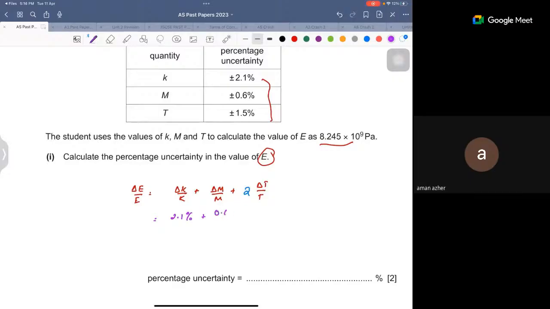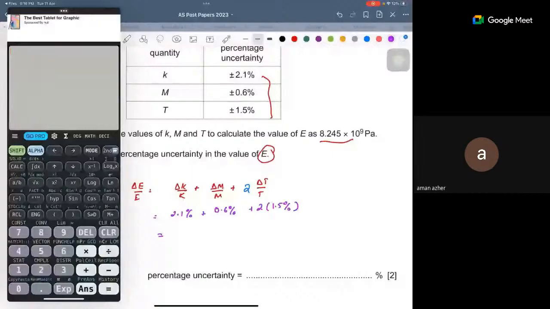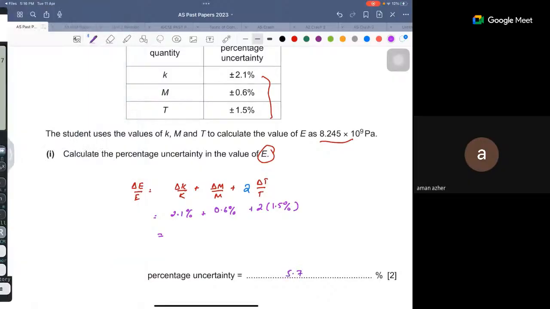This will be 0.6%, and this will be 2 times 1.5%. Okay. So then use your calculator, take it out, 2.1 plus 0.6 plus 2 times 1.5, right? So total percentage uncertainty should be 5.7%. If you have any questions, please let me know.